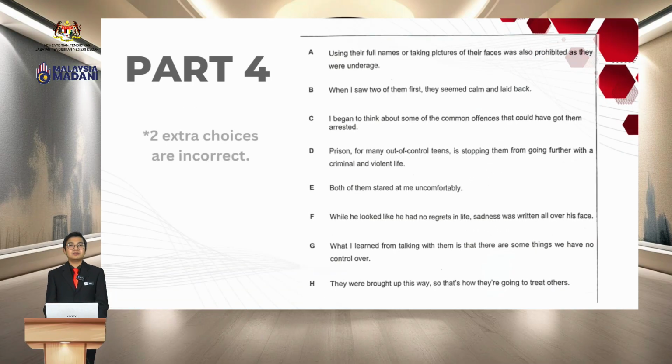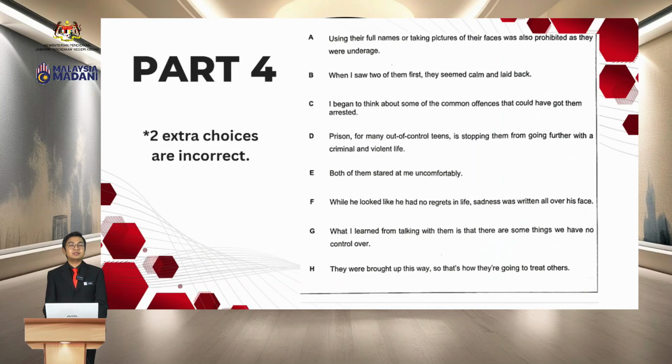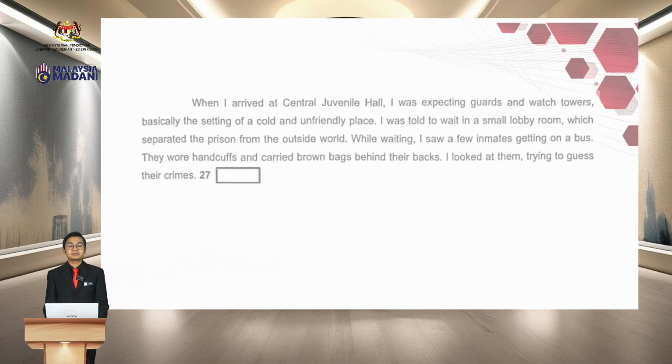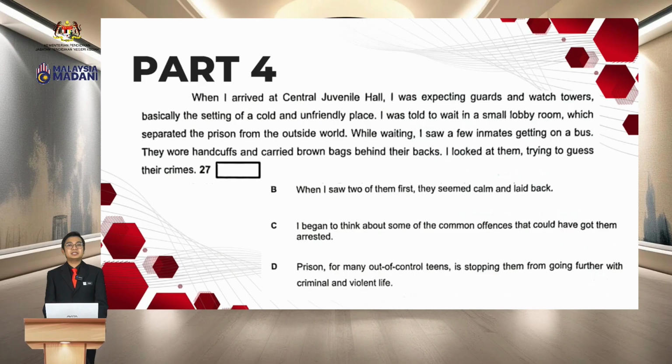Okay, now let's look at the example. Here is an example of the answer choices given. As I mentioned before, there will be 2 extra choices given that are incorrect. For question 21, this is the paragraph.